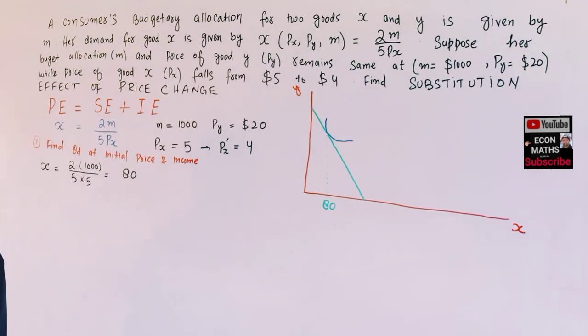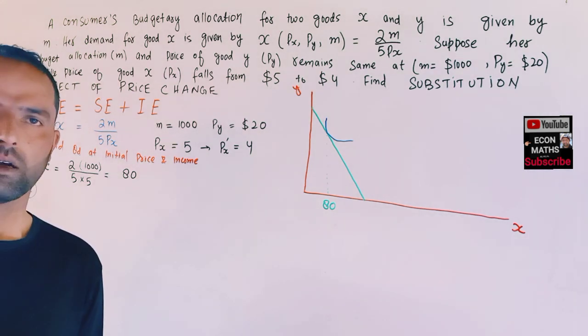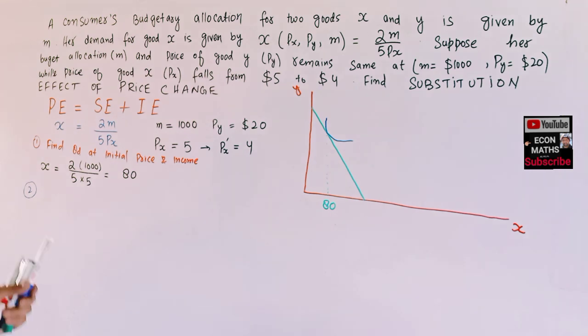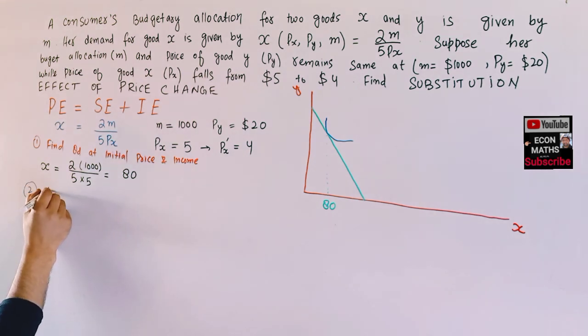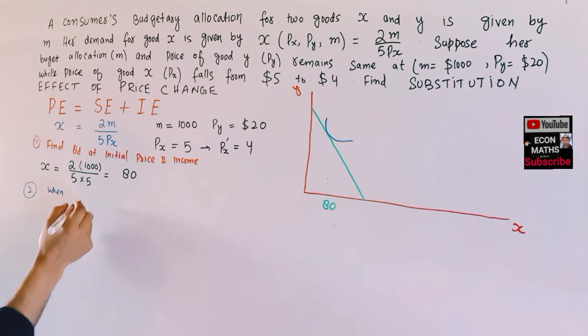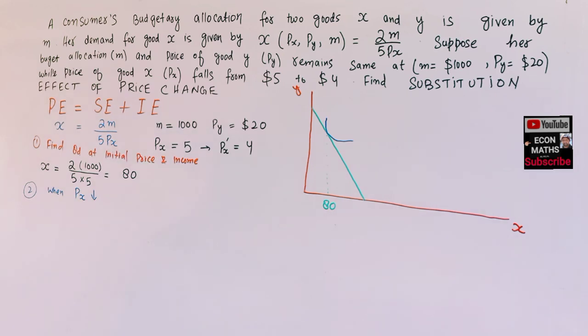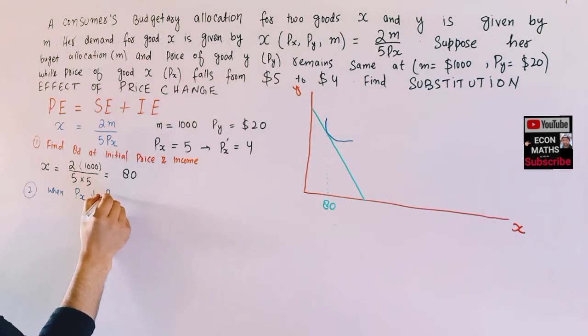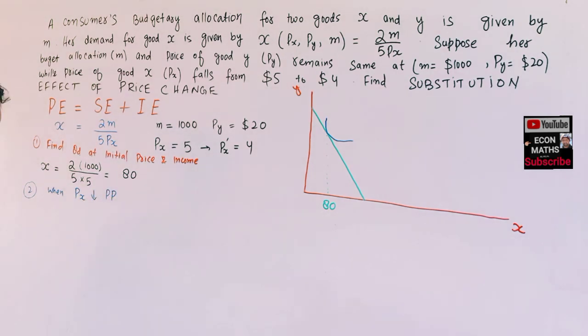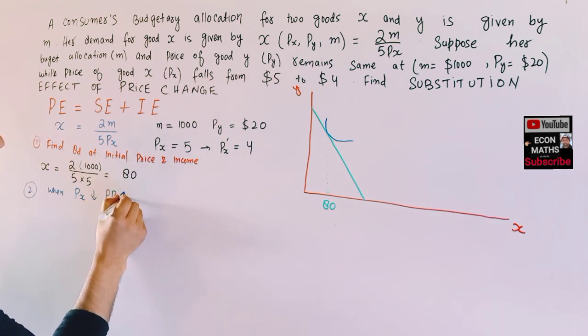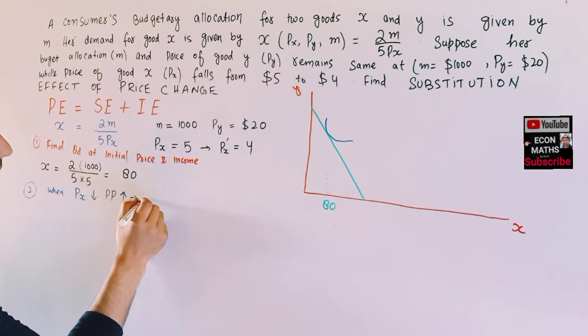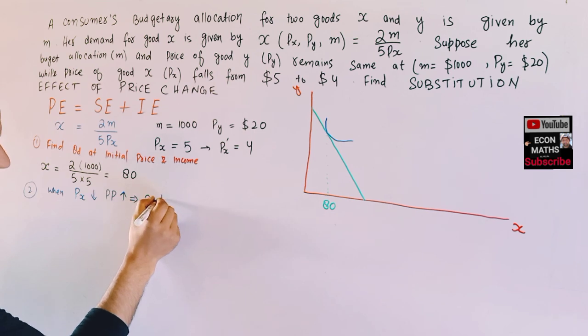In the next step, what will we do? We know that when the price of good X falls, obviously the purchasing power or real income of the consumer will increase, which implies the quantity demanded of good X will increase.